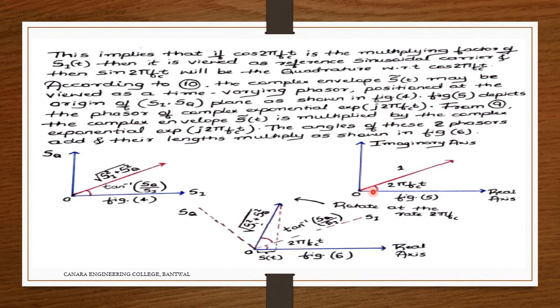Now from equation 9 that we have discussed, the complex envelope s cap of t is multiplied by the complex exponential e raised to j2 pi fct, and the angles of these two phasors add while the lengths multiply, as shown in this figure C. So what I am doing is taking this and implementing it here.